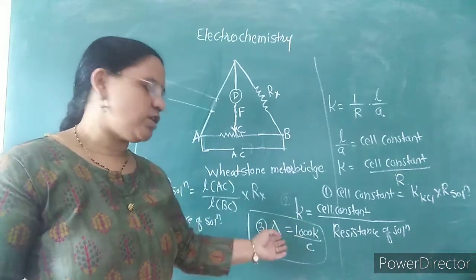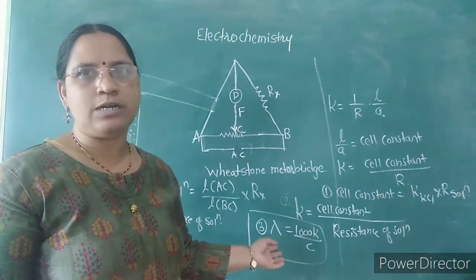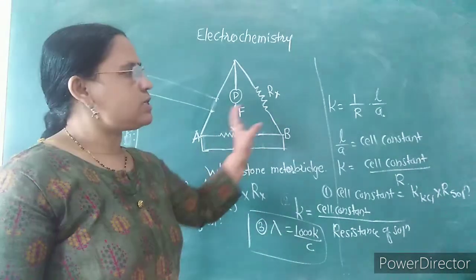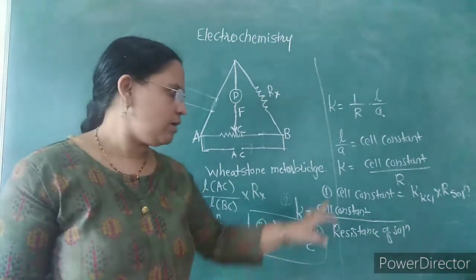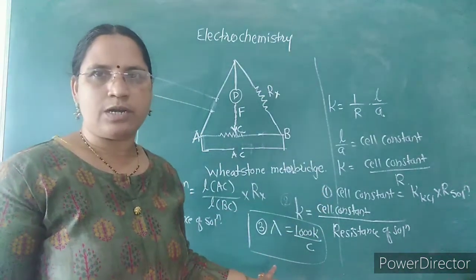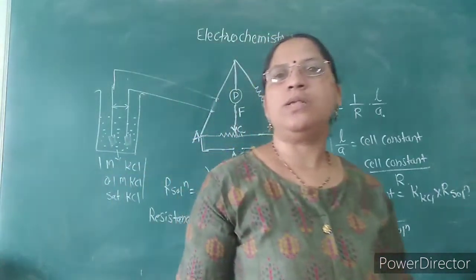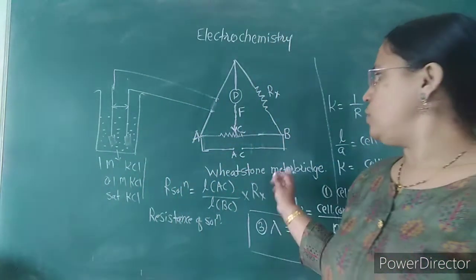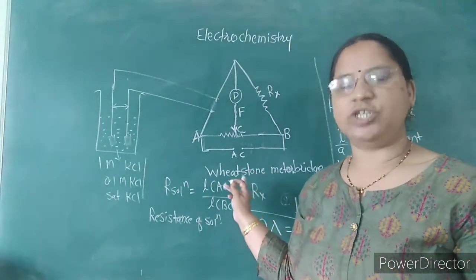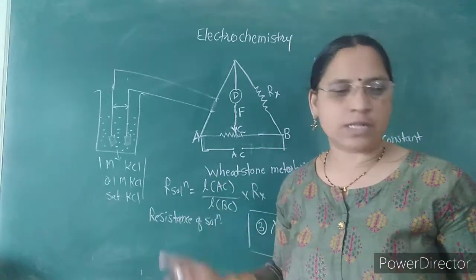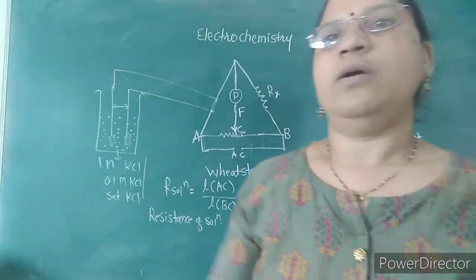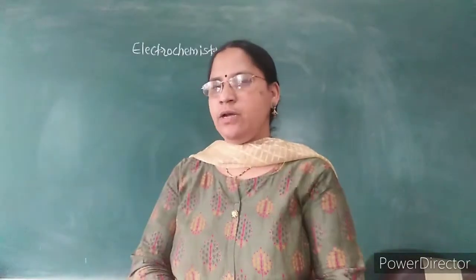So from this equation we are able to find the molar conductivity of the solution. This is the experimental method to find the conductivity and molar conductivity of a solution whose resistance is unknown, using the Wheatstone's meter bridge. Is it clear? So this is the next concept related to conductivity and molar conductivity. Now, continue with the concept.